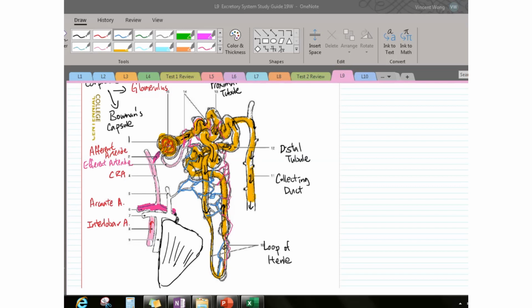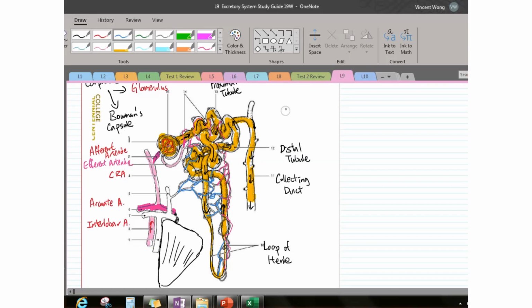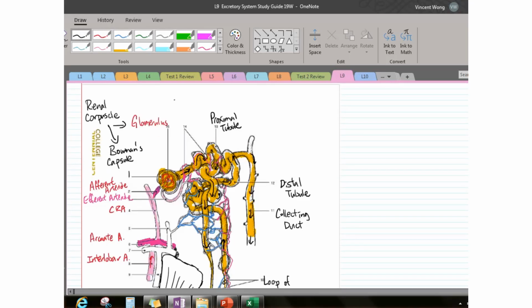Now this efferent arteriole will actually open up into another network of capillaries, and this is what we call the peritubular capillary. Let me label it for you. Peritubular capillary. So peri means next to, and tubular, the tube that they're referring to here, is the nephron.